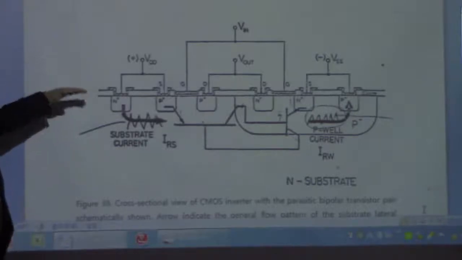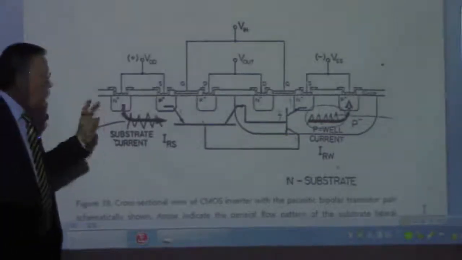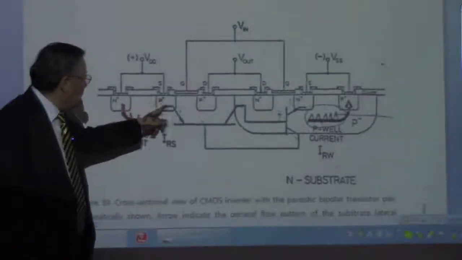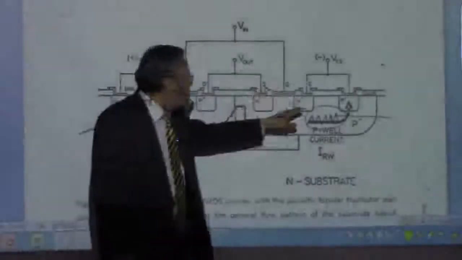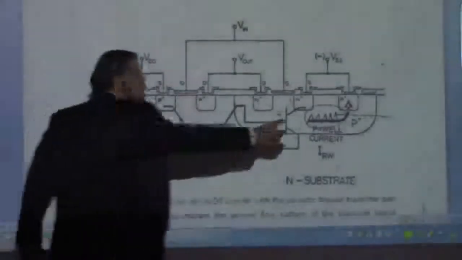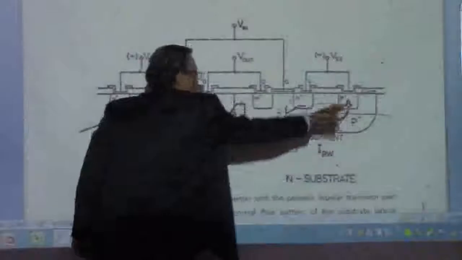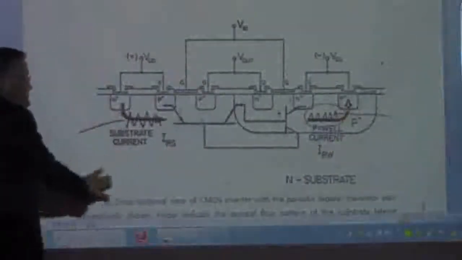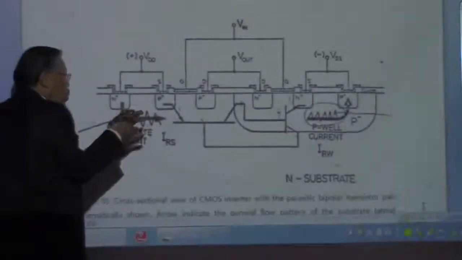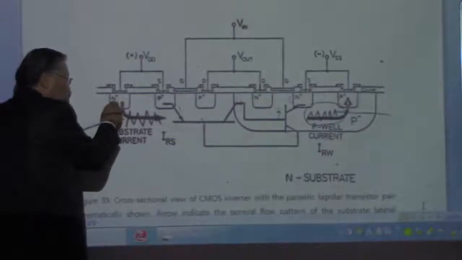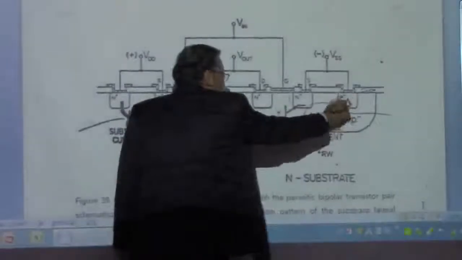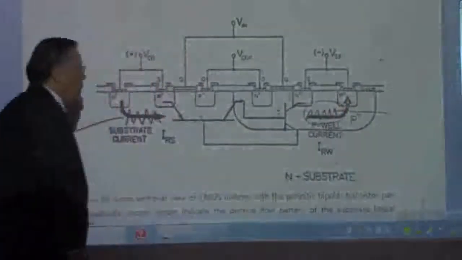If you look into the CMOS structures, you can find two bipolar transistors connected to each other. This is the PMOS, and this is the NMOS, and this is just a contact to the substrate. This is a contact to the P well, and this is a contact to the N substrate, the whole wafer. When you make an input, you take out the voltage here and the P plus there.